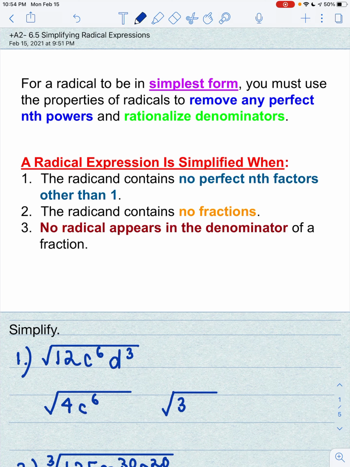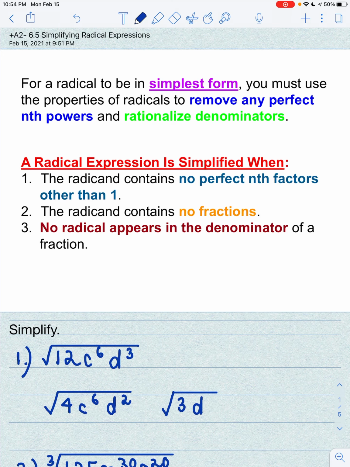We want to write the largest power less than 3 that is divisible by the index under the first radical, and so 2 would be divisible by 2. So I'm going to put d squared under the first radical, and then I have one factor of d left over, which will go under the second radical.